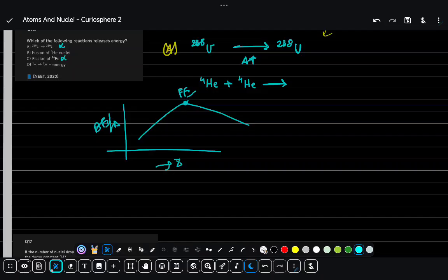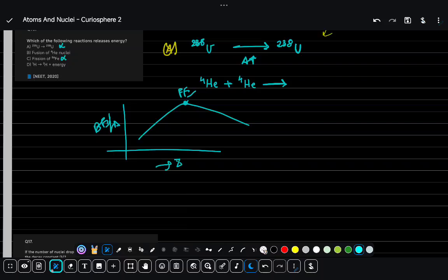Now coming back to option D. You have to watch it closely. In option D they have given a reaction, but in option B they have not given the equation, just fusion of helium nuclei. In option D they have clearly given the reactant and the product.